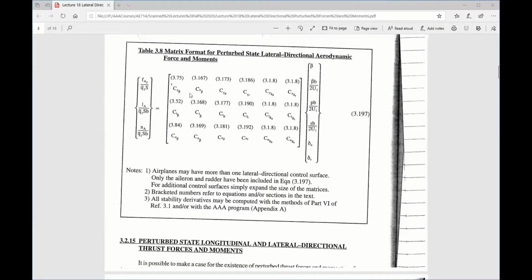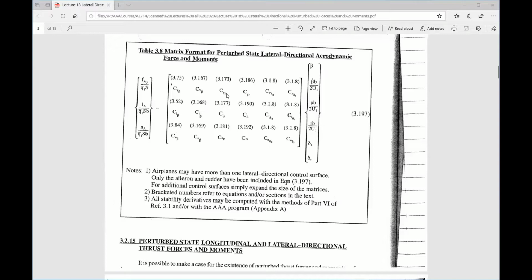Just to remind you, we're still working on this matrix. We've done the beta column and the beta dot column. So now we're going to do the roll rate, yaw rate, aileron, and rudder. The last two are easy. So once we get through these two, we're almost done.